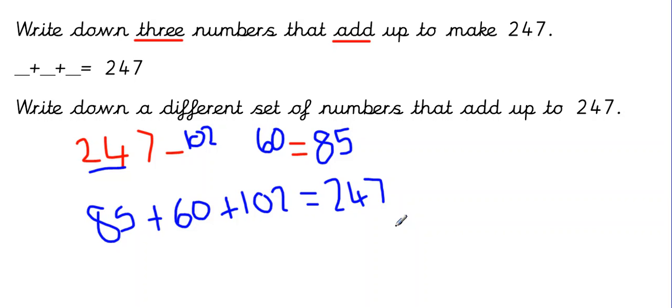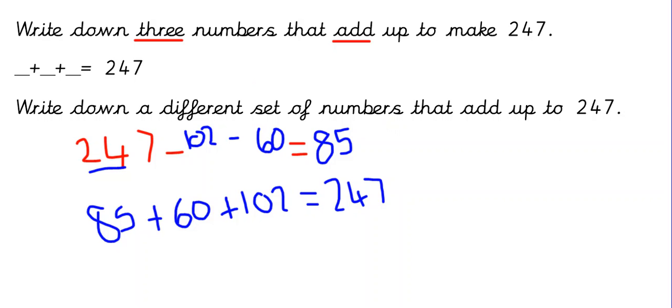So that's how I would do this. Instead of trying to find three numbers that add together, I would subtract from your total first. So I would subtract from 247 and just choose two random numbers, okay? And then your last number would be your third number. Just make sure that you don't go below 0, because otherwise it will not work.